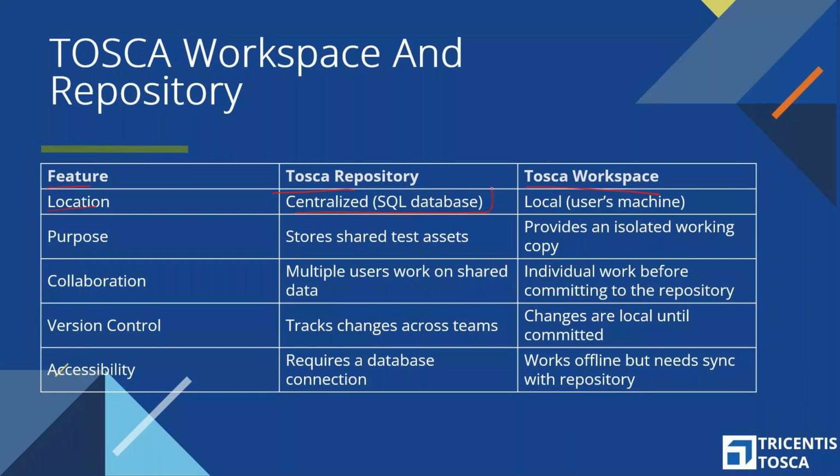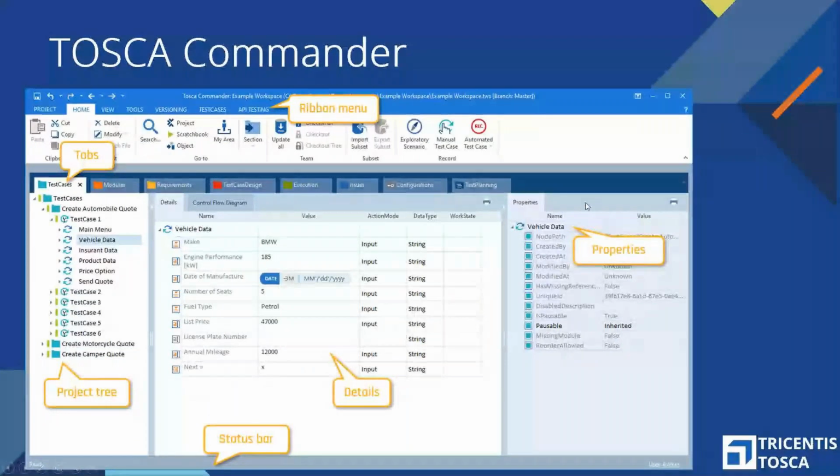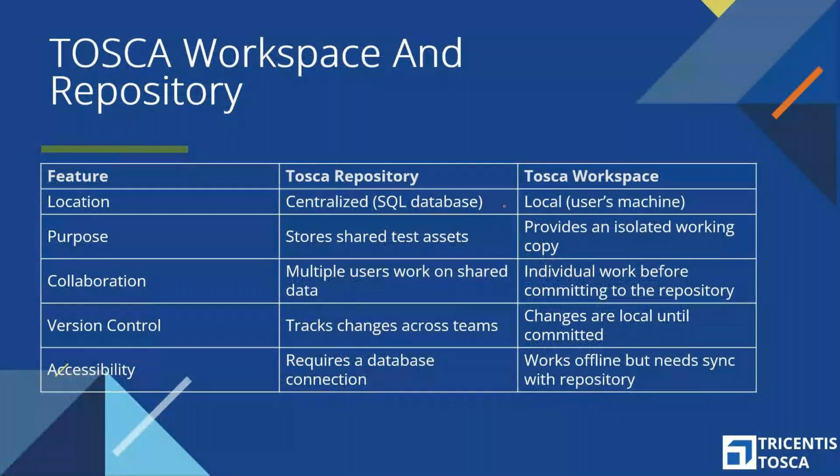It will be deployed on a separate machine, a kind of server machine, which is not the one we are working on locally. In the Tosca workspace, we are creating a copy of our repository locally on our machine.